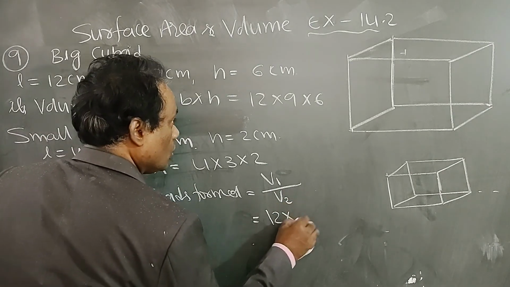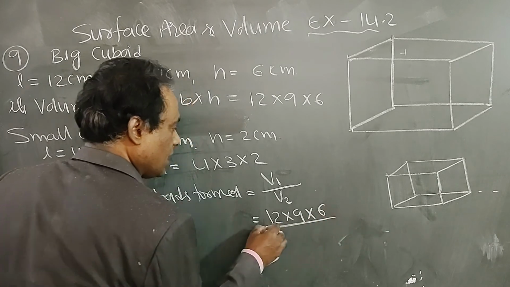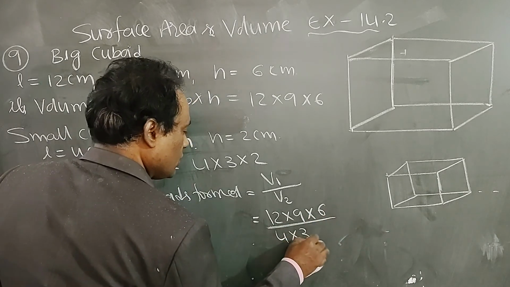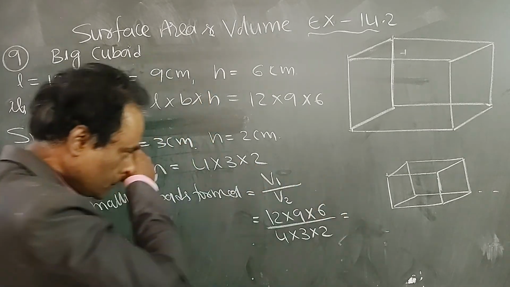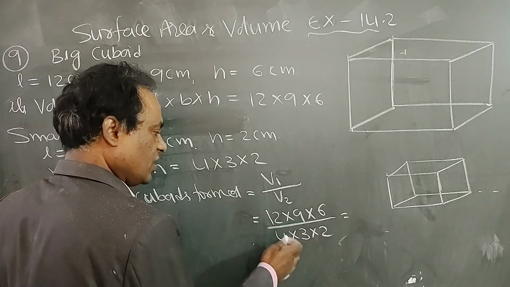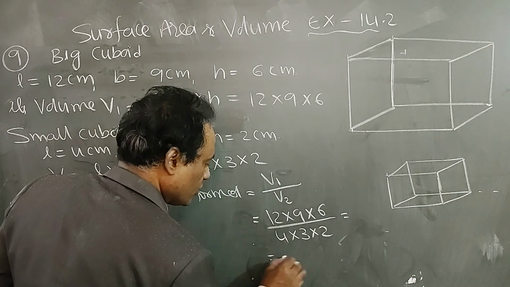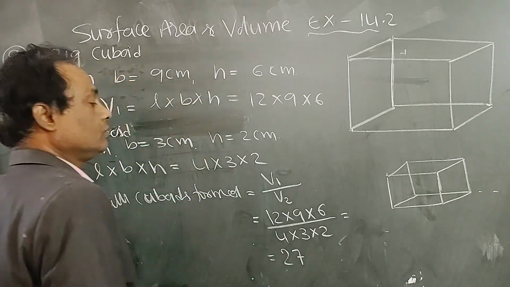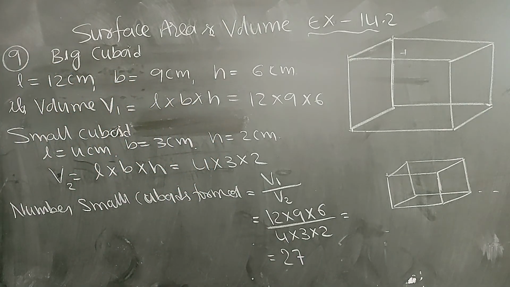So 12 into 9 into 6 divided by 4 into 3 into 2. 2 3s are 6, 3 and 3 cancel, 4 3s are 12, total 27, students. You do the simplification. The 6s cancel, 4 3s are 12, 9 3s are 27. So 27 boxes we will get. The answer is 27.